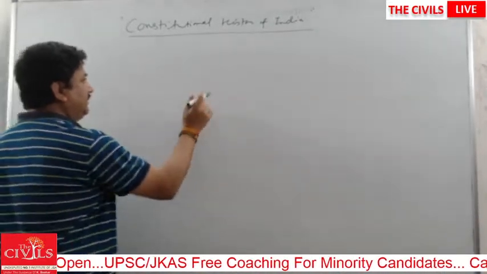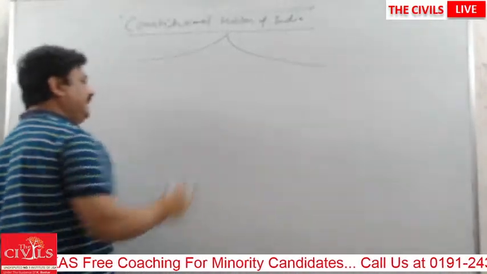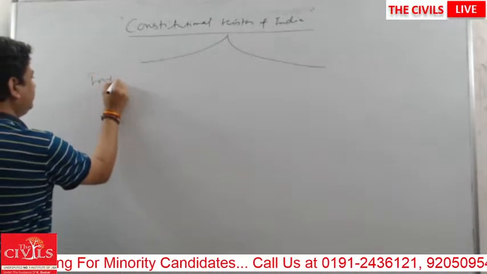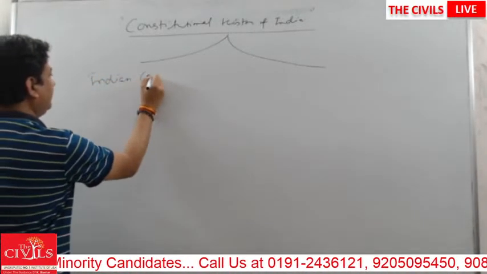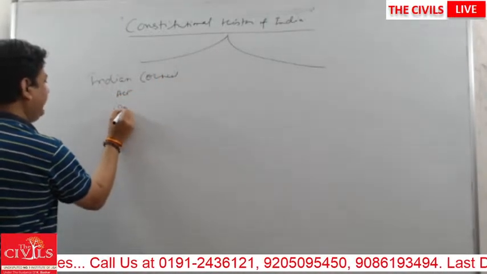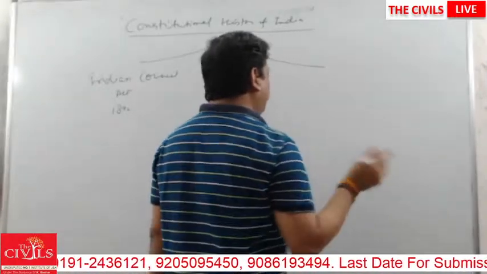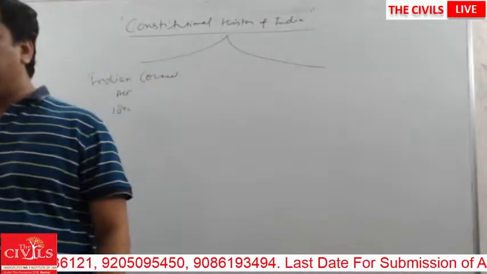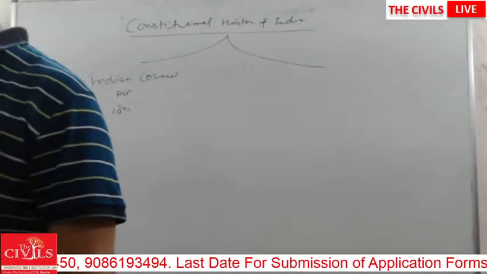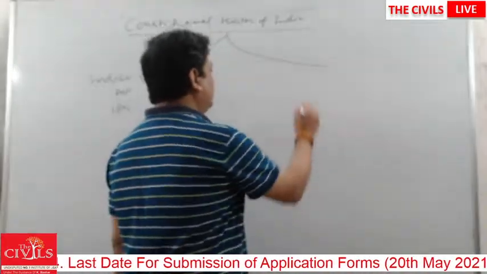Now today I am going to discuss two acts. The first is the Indian Council Act 1892, and the second is the Government of India Act or Morley Minto Reform, also known as the Indian Council Act 1909.